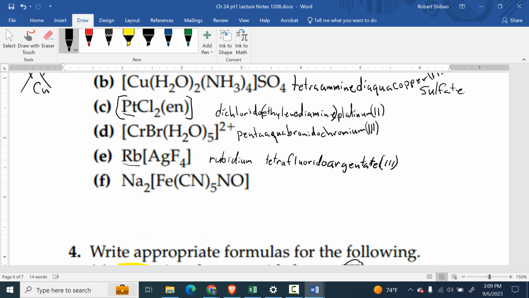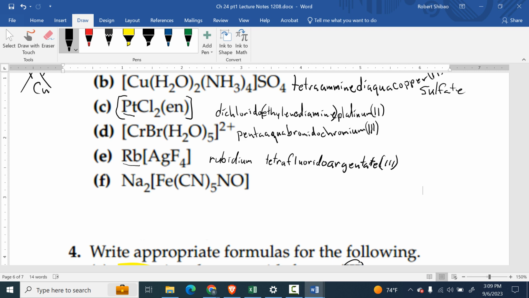And so if silver is +3 and fluoride's -1, and I have 4 of those, so +3 minus 4 gives me -1. And that balances out the rubidium. But there's a couple of things to note. One, the complex is all one word. So tetrafluoridoargentate(3) is all one word, so there are no spaces. But we have a space between the cation and the anion.